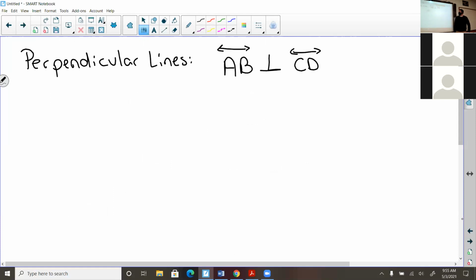That symbol in between, that looks like an upside down capital T, is the symbol of something being perpendicular. Much like the parallel symbol was just two parallel segments, this symbol here is two perpendicular segments. So perpendicular means that when they connect, they meet at a right angle, so a 90-degree angle.